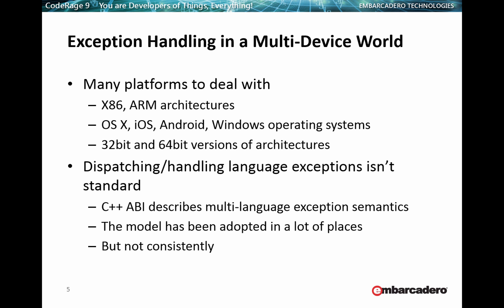And this standard for dispatching exceptions for C++ included provisions for supporting other languages. It was geared towards C++, but it was also geared towards these other languages so that you could plug in your own exception objects.